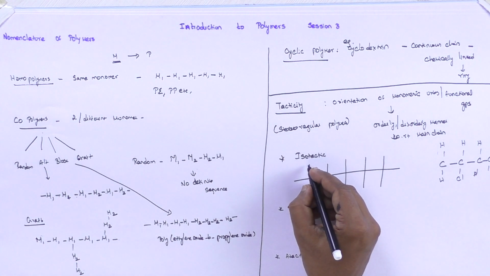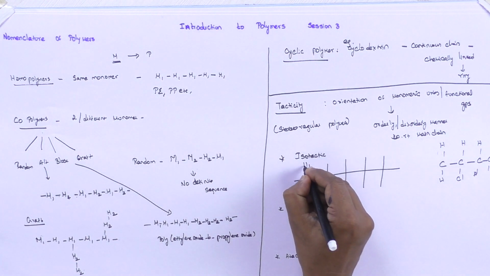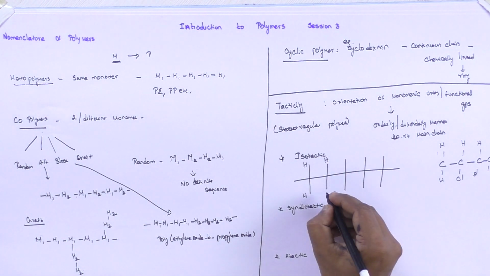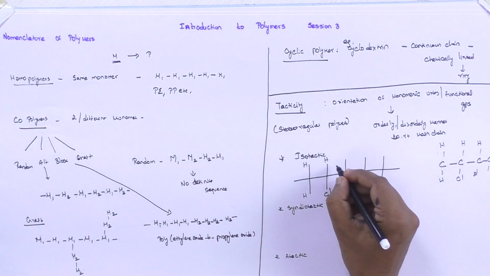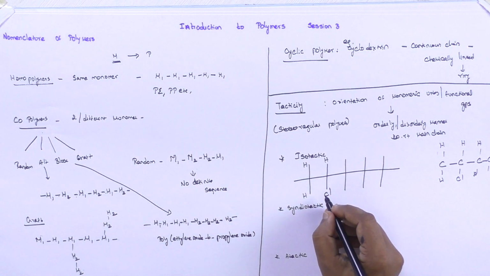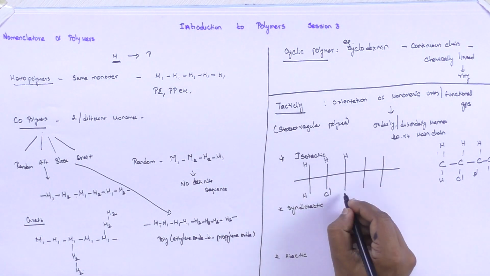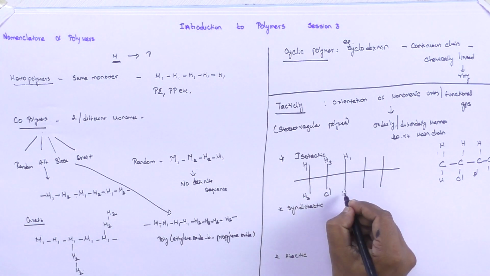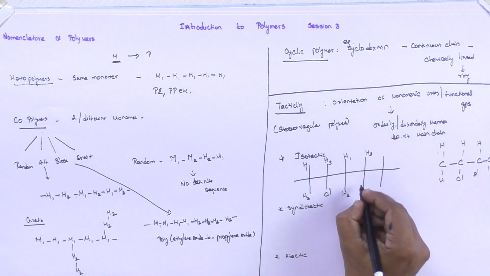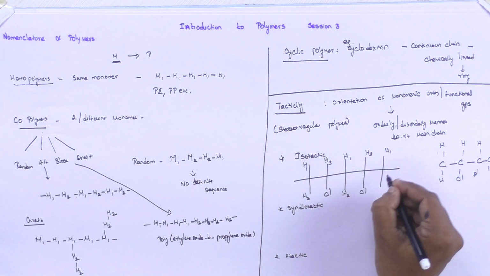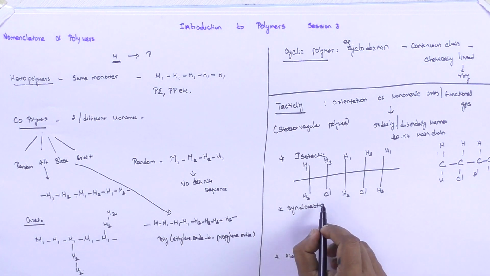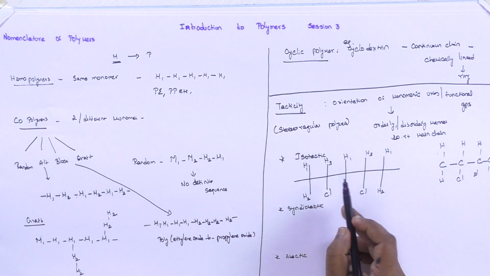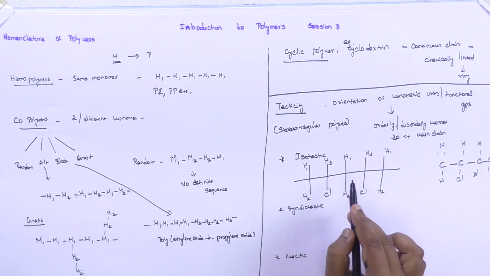Isotactic means all the functional groups are arranged on the same side: H1, H2, H3, Cl, H1, H2, and so on. So, you can see similar functional groups are arranged on the same side of the polymer chain. So, this is called an isotactic polymer.